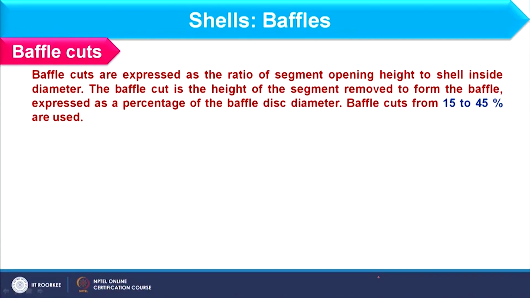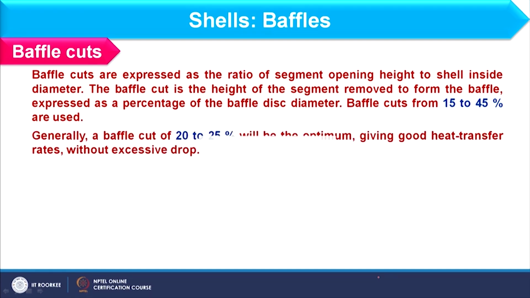Next point is how much cut we have to keep in segmental baffles. Okay. Usually the cut varies from 15 to 45%, okay, but it is not continuous like 15, 16, 17, we have some standards also. However, when we consider the optimum cut, that is usually 20 to 25%, right, which gives sufficient heat transfer coefficient without excessive pressure drop.